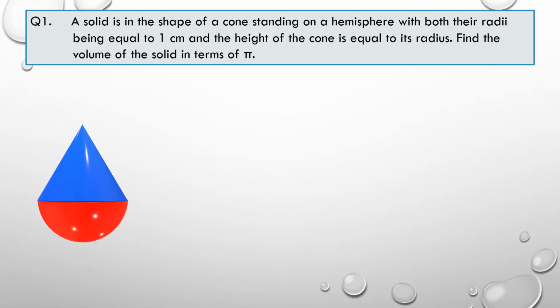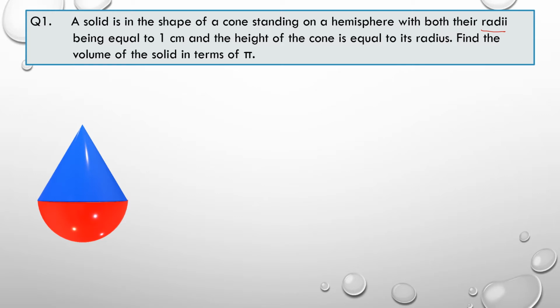Question number 1. A solid is in the shape of a cone standing on a hemisphere with both their radii being equal to 1 centimeter. Radii is the plural of radius, right? Now you can see in the figure that this red one is a hemisphere and on the top of it there is a cone. Both have the same radii.